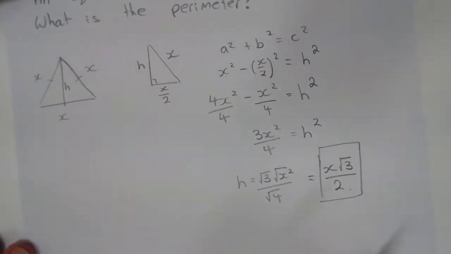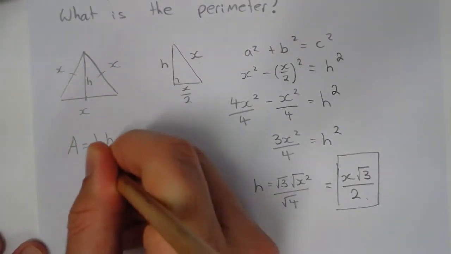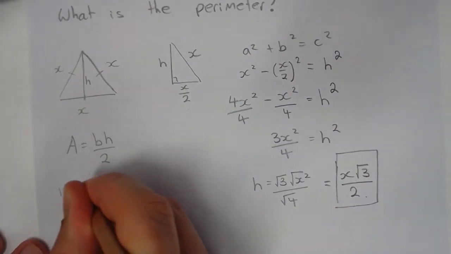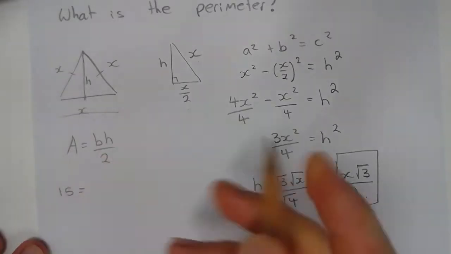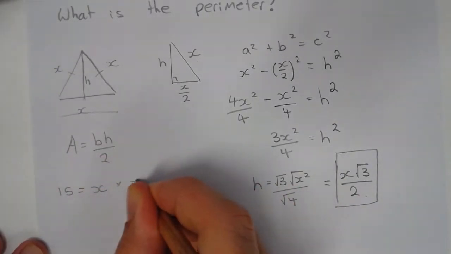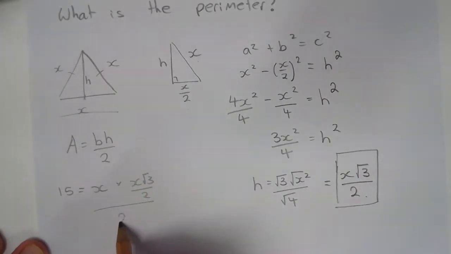Now going back to our original question, our area is base times height divided by 2. So I know the area is 15, let's plug that in. I know my base is x, and I know my height is x root 3 over 2, and I'm dividing all of that by 2.